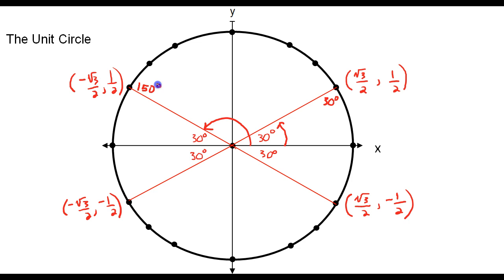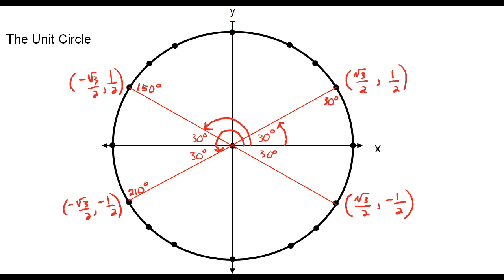That's 150 degrees. If I look at the next angle, which would be this one, if that's theta, my reference angle is 30, but my actual theta is going to be 180 plus 30, which is 210 degrees.